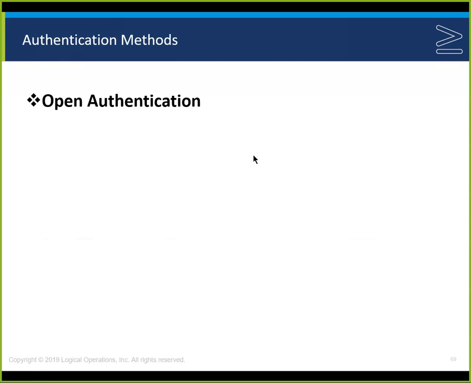A number of authentication methods with wireless. Open authentication is the default, and open authentication means that we're just connecting. We're really not doing any of the things that we would think of as authentication. The other one is 802.1x, which is a protocol that's used for both wired and wireless, where we have to be authenticated before any kind of an exchange can happen.